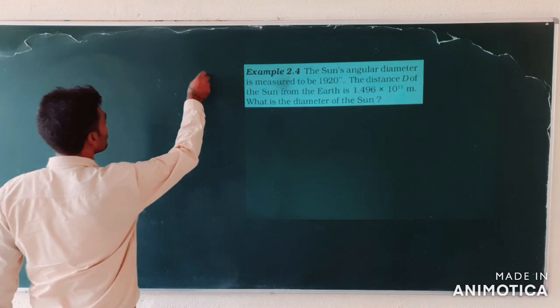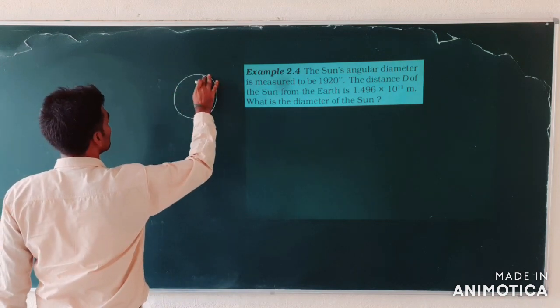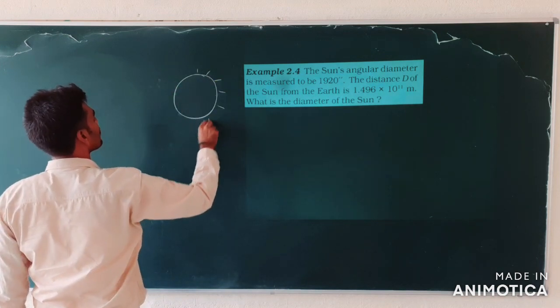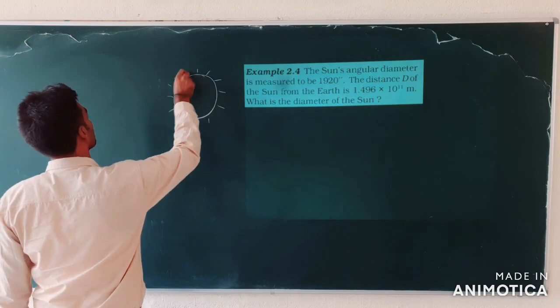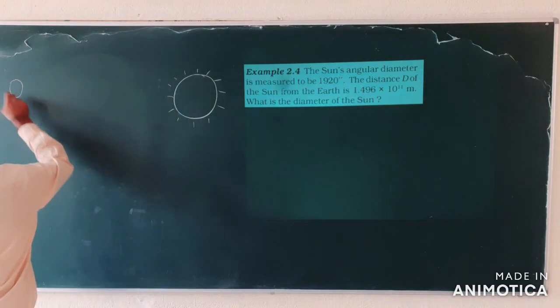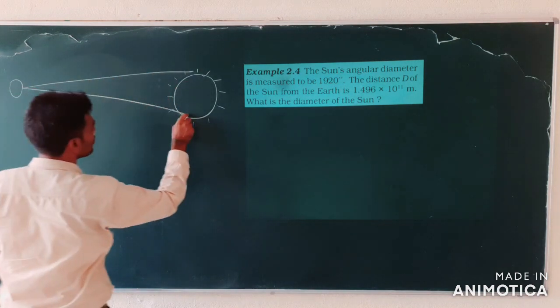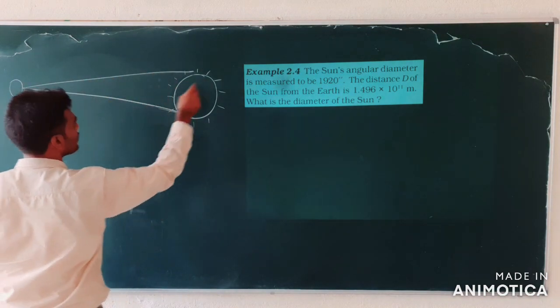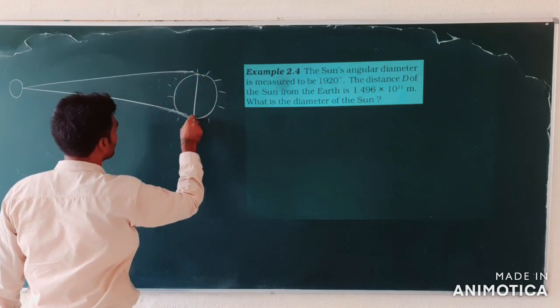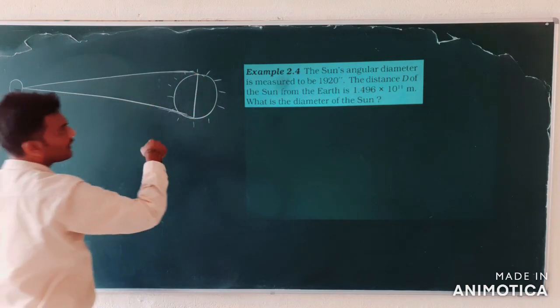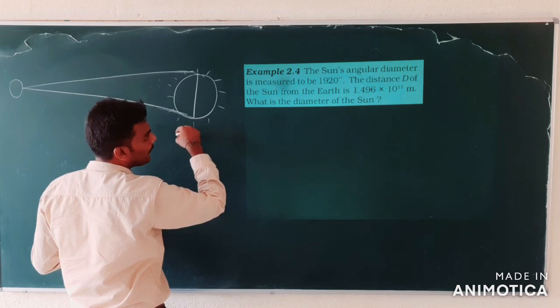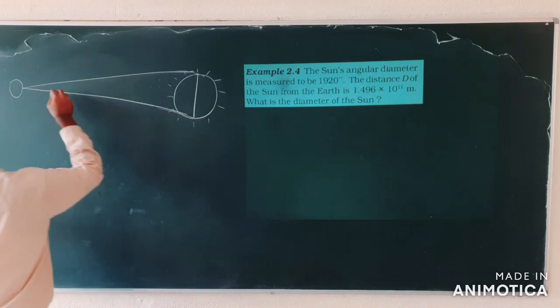What is given? So this is sun and here is earth, and from the earth we measure the angular diameter. So it's simply the diameter, nothing else. Angular diameter is this angle.